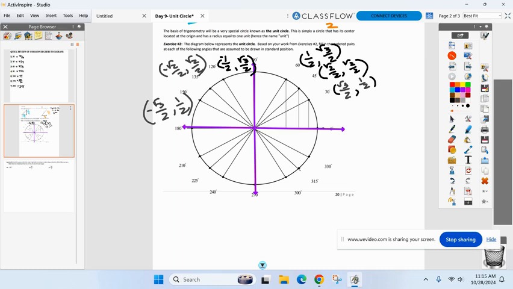And what about 330? Make sure I want that negative outside the radical, because it's not radical negative 3.